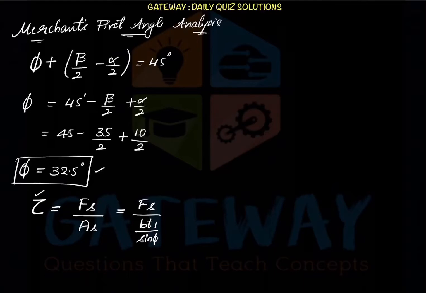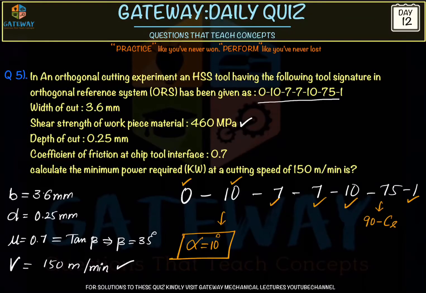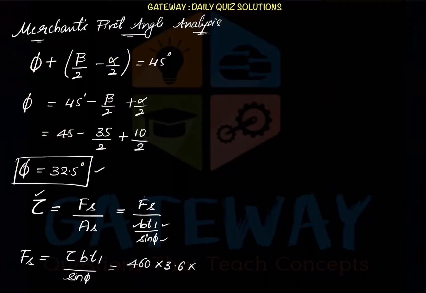Okay, here in the question tau was known and all the b, t1, sin phi were known. We need to calculate the value of Fs. So Fs we can write as tau into b t1 upon sin phi, and the tau in the question was given as 460 megapascal, nothing but 460 Newton per mm square, into the b value, which was given in the question as 3.6, and the t1 value direct value was not given, so the depth of cut is taken as the uncut chip thickness t1, and it is 0.25.